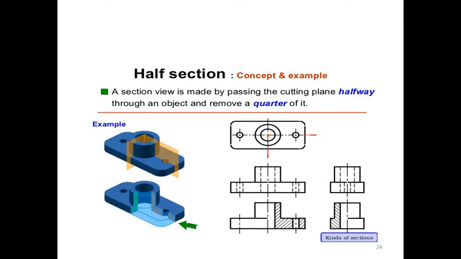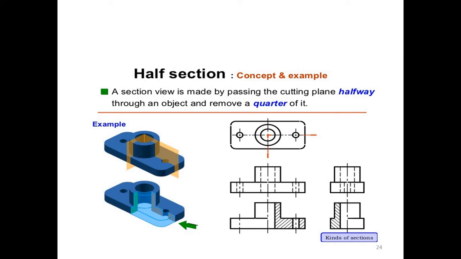Again, there are some examples of the half section concept. A section view is made by passing the cutting plane halfway through an object and removing a quarter of it, that is, 1/4 part of it. In this example, the isometric view is shown, and two planes are taken halfway through the object, that is, at 90 degrees.